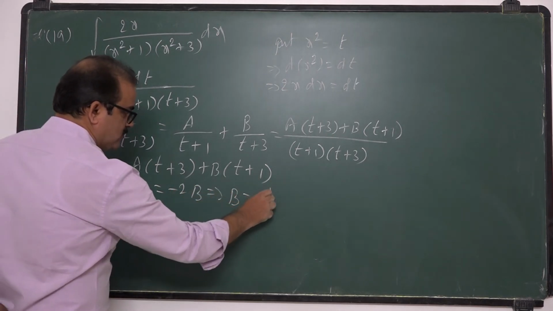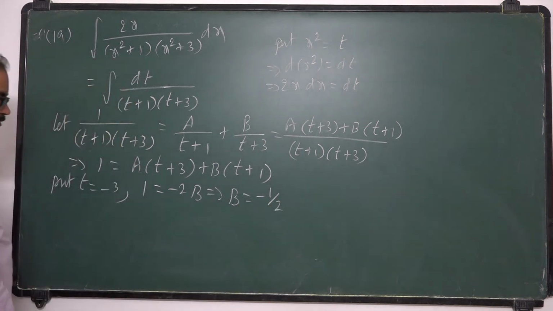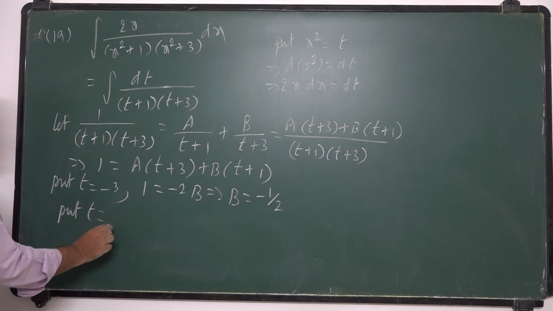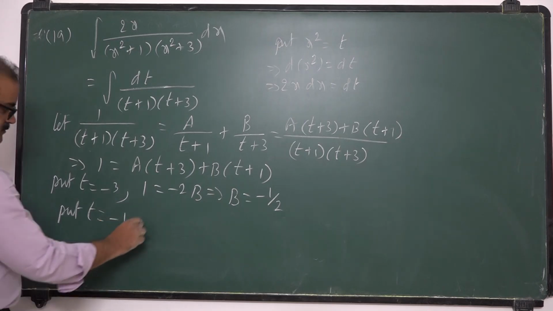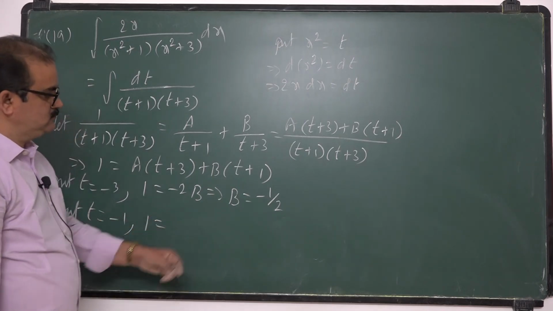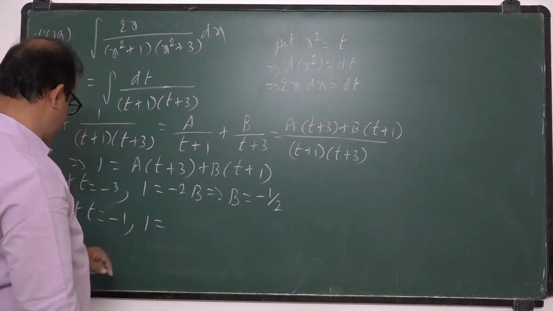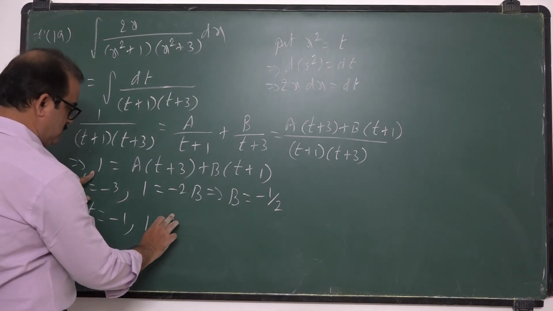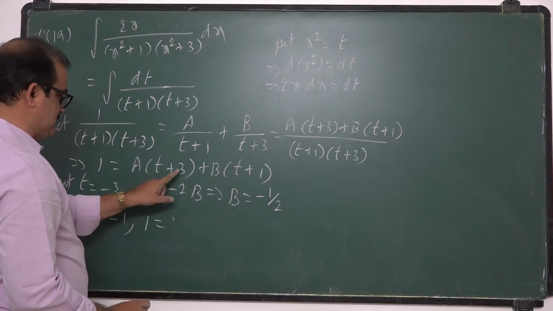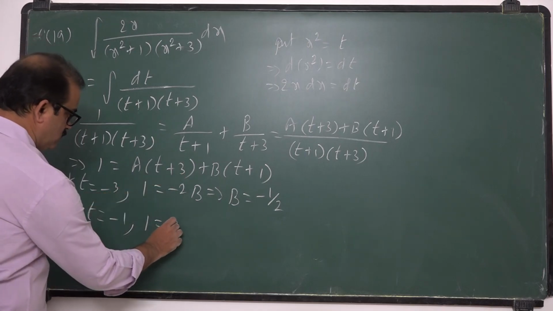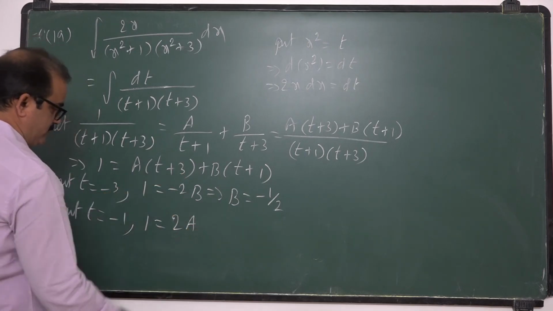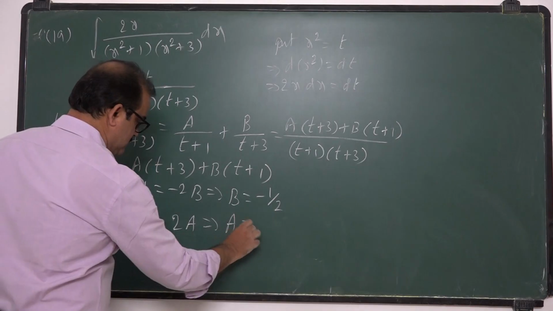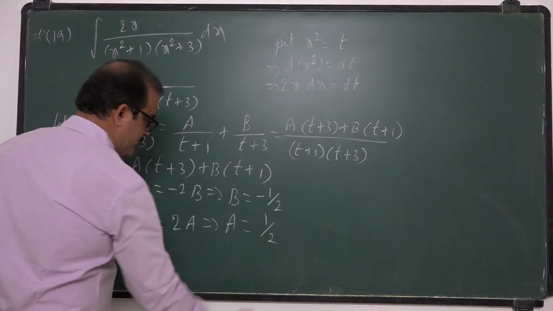So b is equal to minus 1 by 2. You put t equal to minus 1, then this term becomes 0. 1 is equal to minus 1 plus 3, 2a. From this a is equal to 1 by 2.